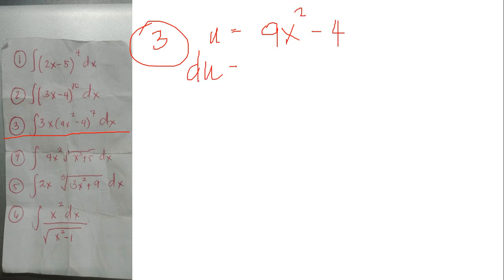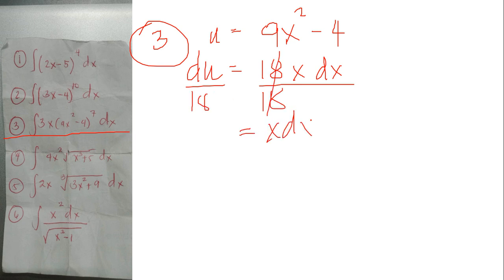Tapos, yung du natin is 18x dx. Tama ba? Okay, tama. Tapos, 7 yung kanyang exponent, no? So, divide 18. So, yung x dx natin dito is du all over 18.